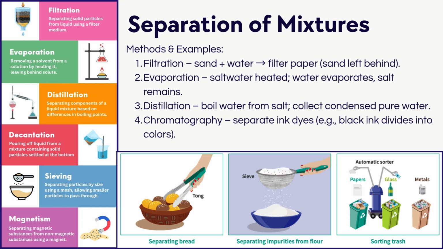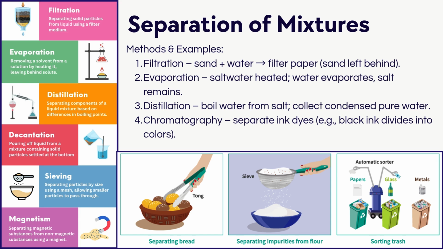separate different stuff. Say I have a packet of Smarties. You won't use filtration to sort out the different colors of Smarties, but you will use a filter to separate solids from liquids. So that's why we have different separation methods.